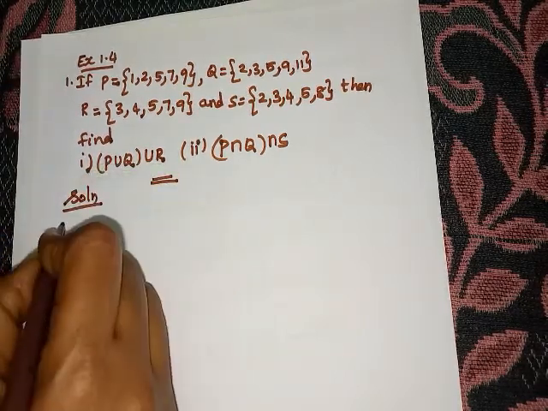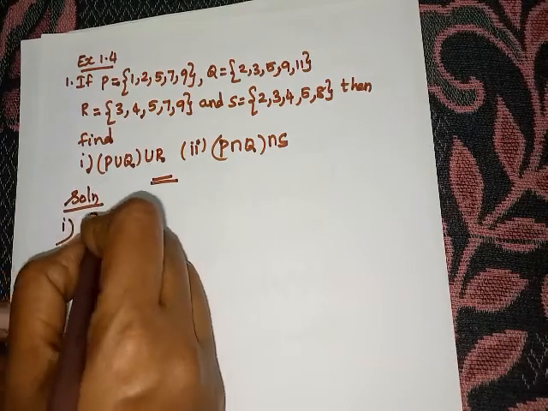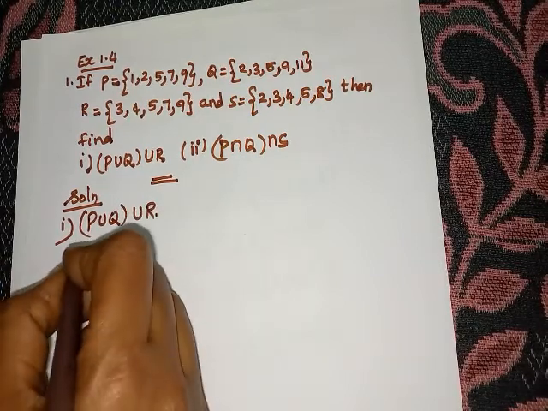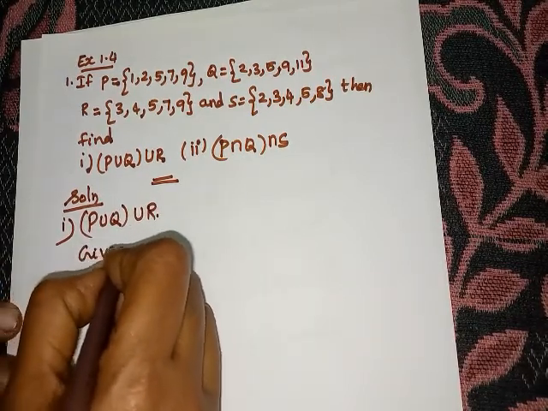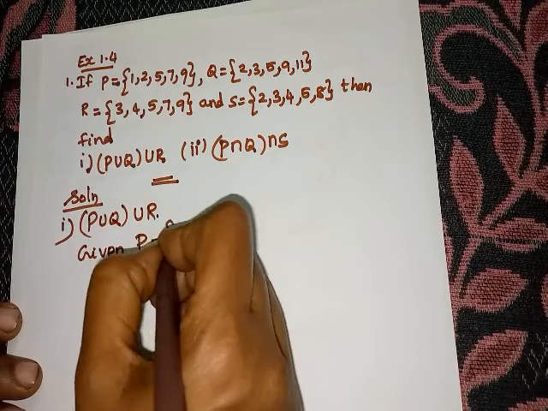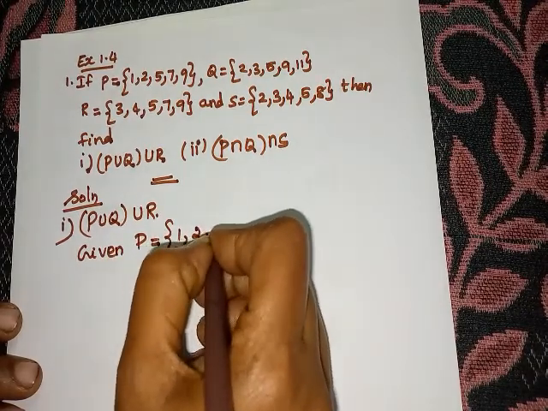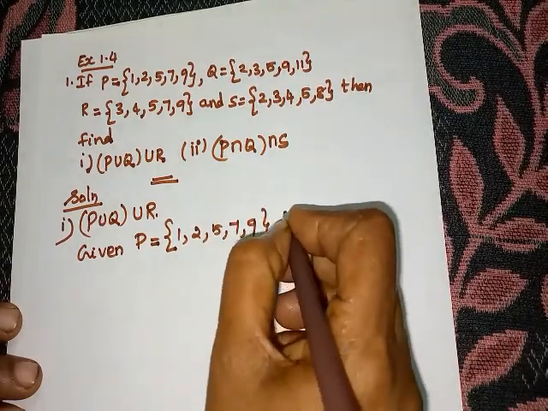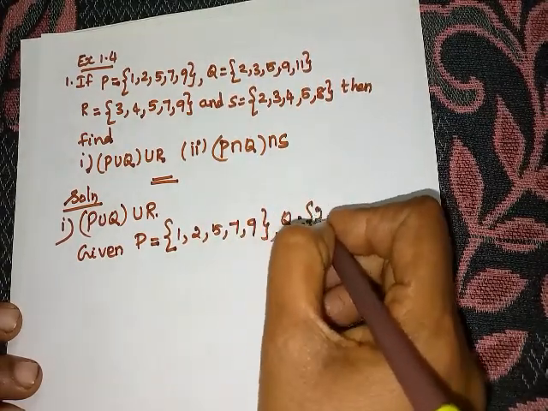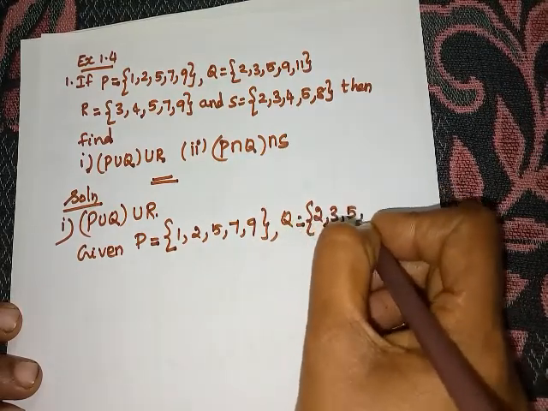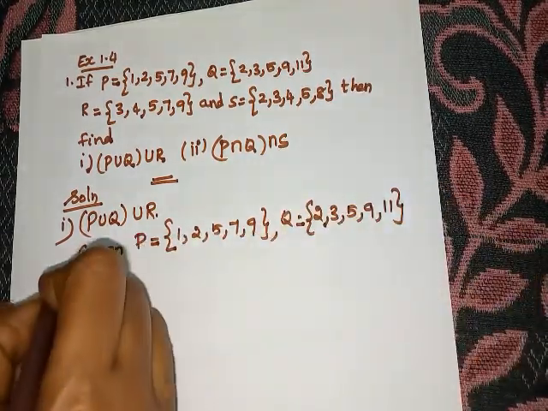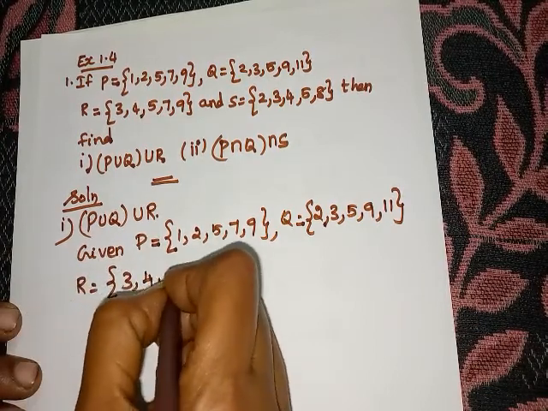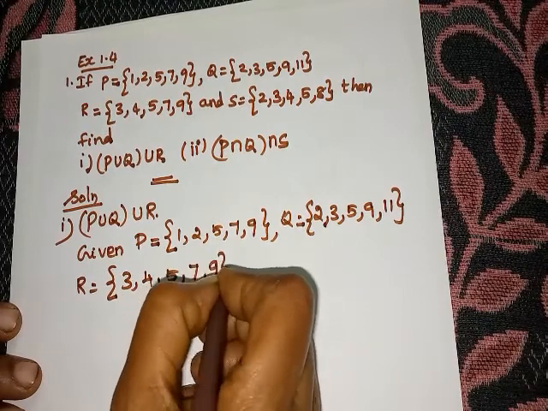First one, solution. P union Q union R. Given P is equal to {1, 2, 5, 7, 9}, and Q is equal to {2, 3, 5, 9, 11}, and R is equal to {3, 4, 5, 7, 9}.